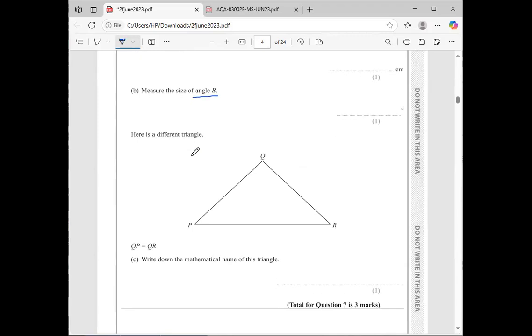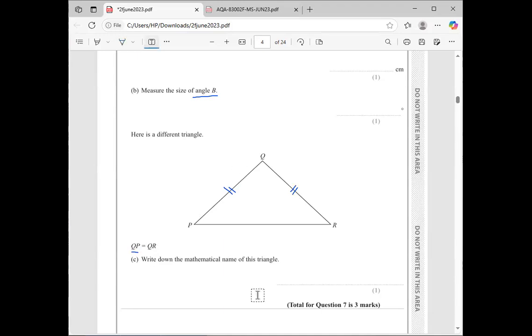But the part that needs you to do a bit of real thinking is where it says here's a different triangle. It now tells you that QP is this side, is equal to QR. QR is this side. Now, the only kind of triangle that has two sides equal is what?